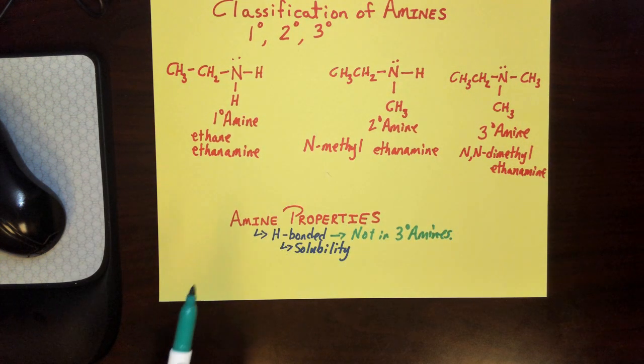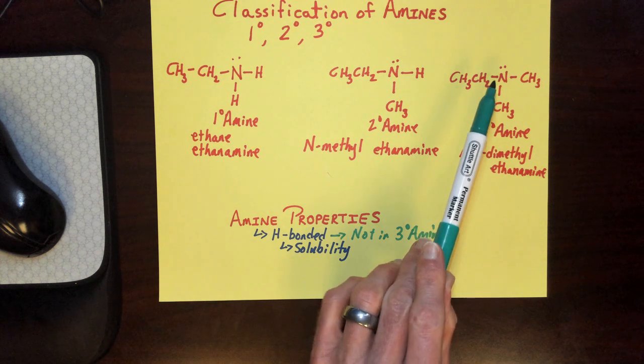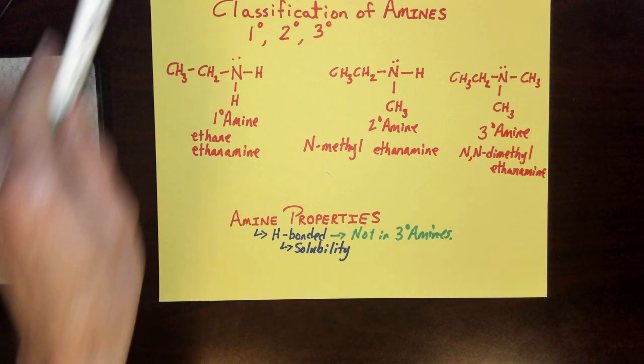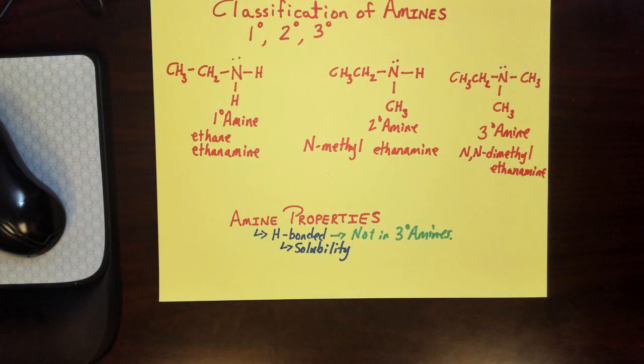This is because in a tertiary amine, the issue is we have the 3 bonds that are directly to a carbon rather than to a hydrogen, where that hydrogen could then hydrogen bond with a neighboring molecule.